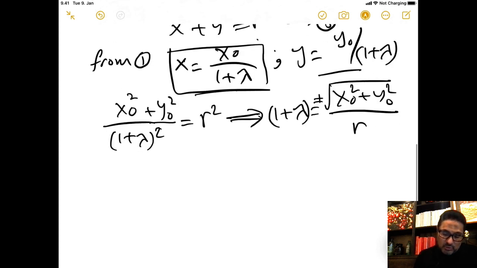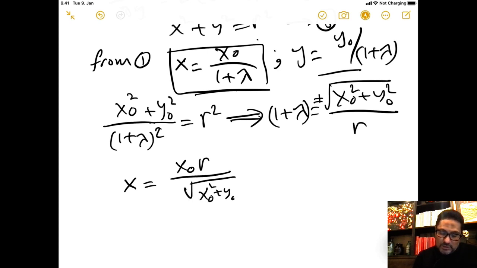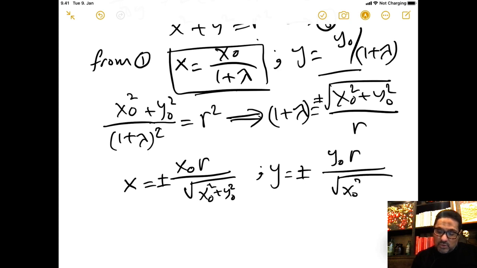So the optimum x which achieves the minimum distance will be, this is 1 plus lambda, so it will be x0 times r divided by square root of x0 squared plus y0 squared, plus or minus, and also y equal to plus or minus y0 times r divided by the square root of x0 squared plus y0 squared. Okay, so this is the solution.